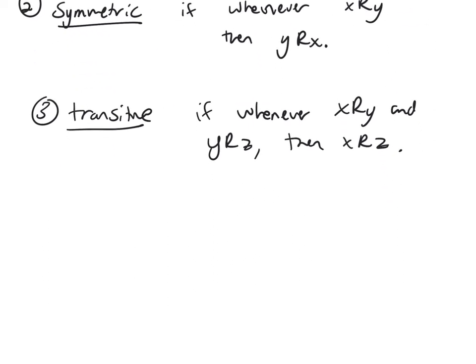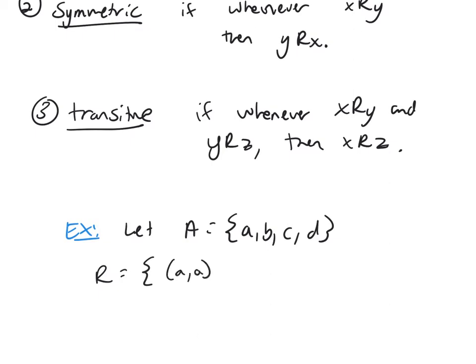So let's look at an example of a relation here. Let's say A is going to be the set {a, b, c, d}, and let's say R is the set {(a,a), (b,b), (a,b), (a,d), (b,a), (b,b), and finally (d,c)}.